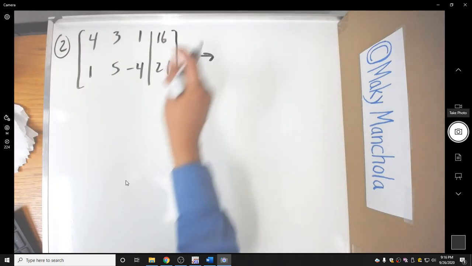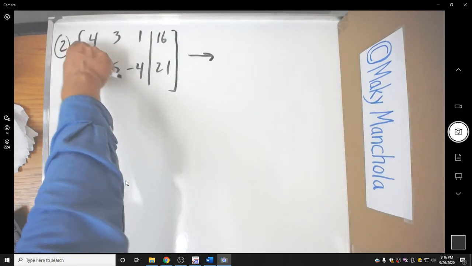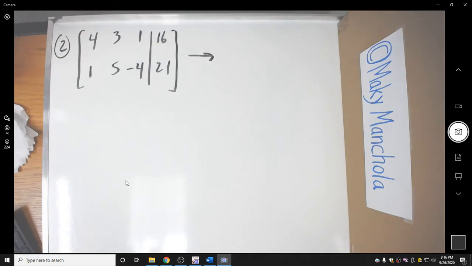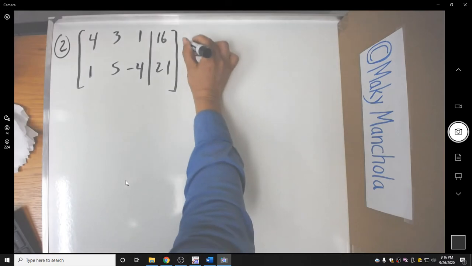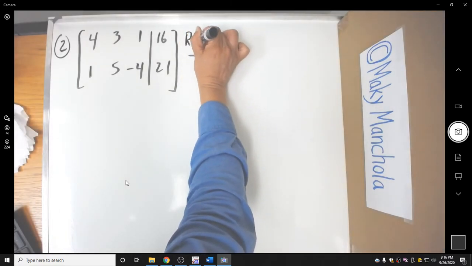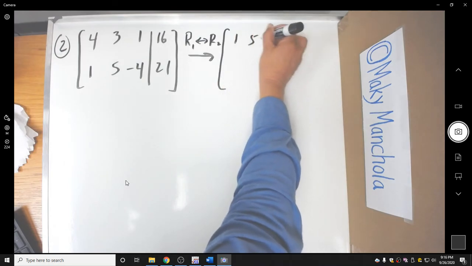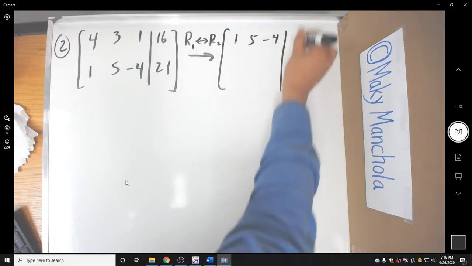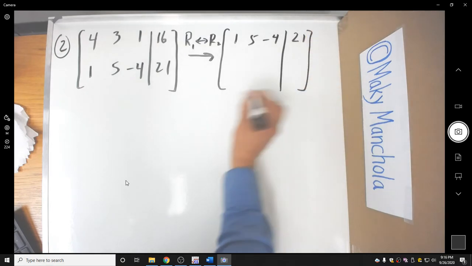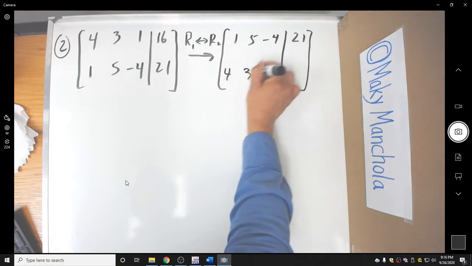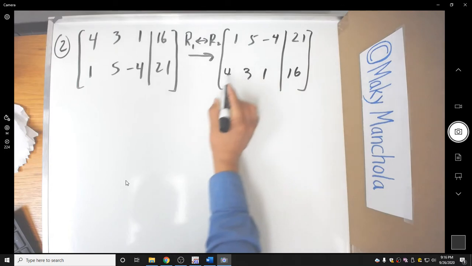Okay, so I want this 1 to be at the top left. So let's interchange the 2 rows.